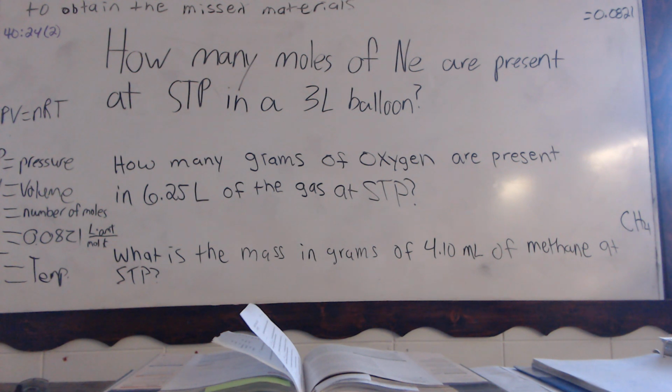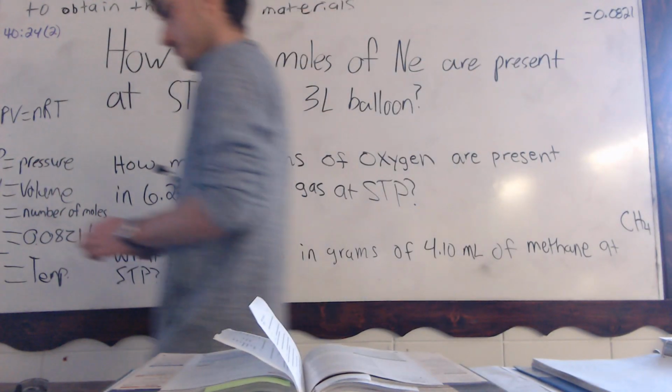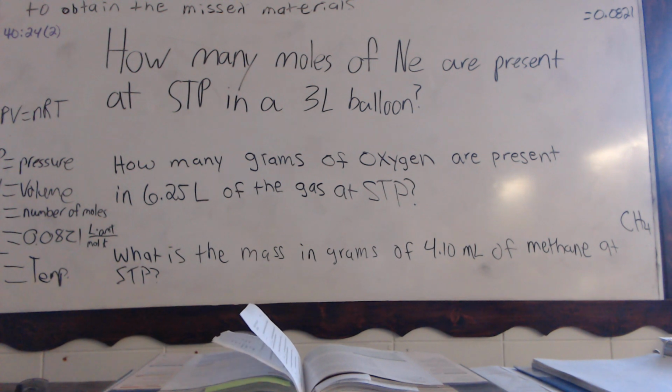The 22.4 comes from dividing one side by the other. If you divide 22.4 by 273, what do you think you get? It's up there on the board. 0.0821. That's where that constant comes from, and that's why it's so important.